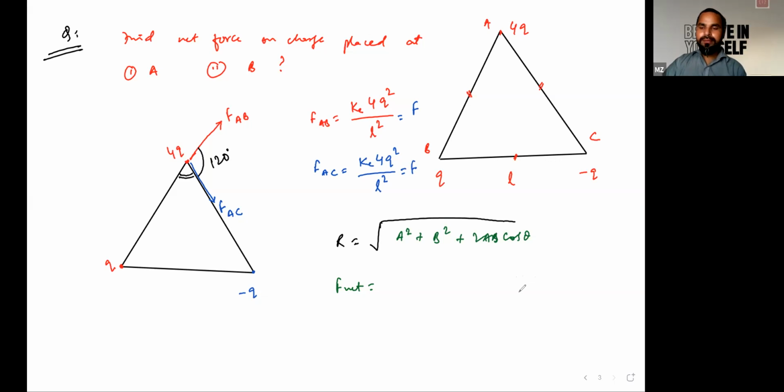Nazira, is it clear or in doubt? Clear. Yes. Nazira, just calculate this part and send your answer.